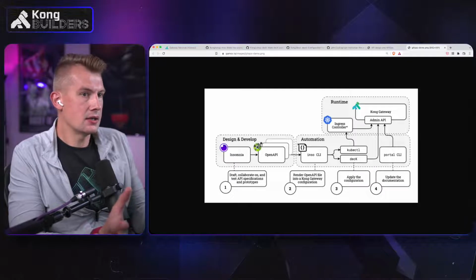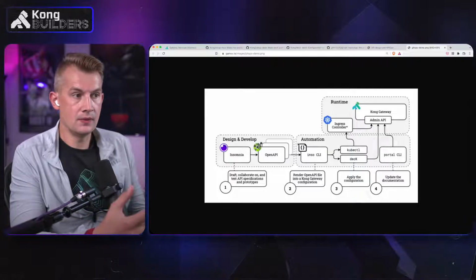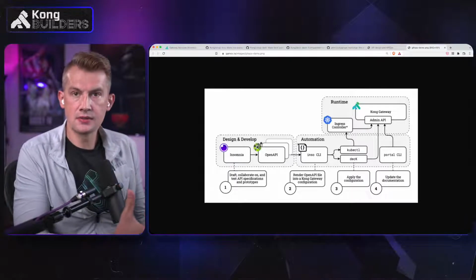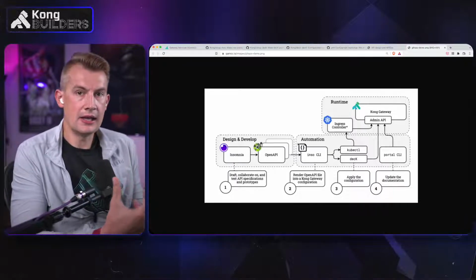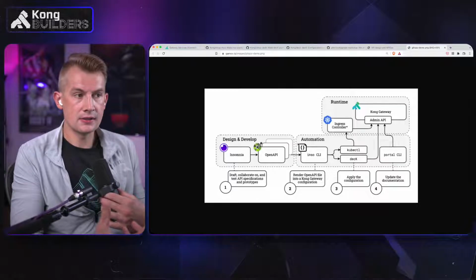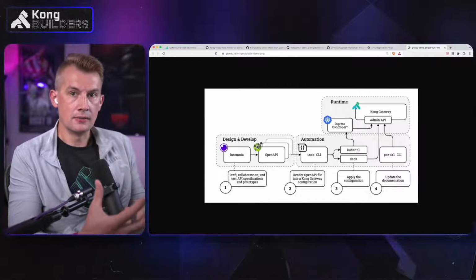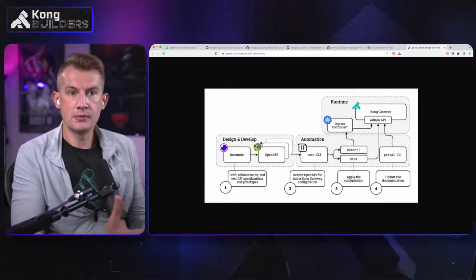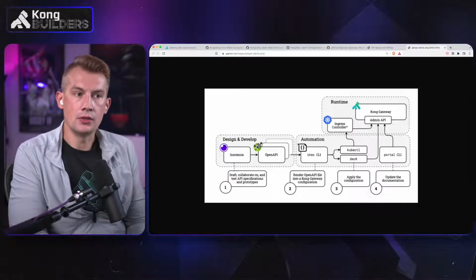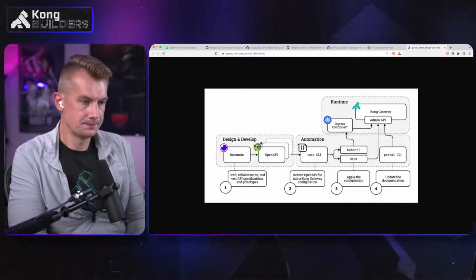This is kind of an ideal diagram, and it can be modified for your own needs. For example, some teams embrace an API-first approach, so they start by defining the spec and collaborating around it. After the spec is published, automation takes over and implements all the bits relevant to Kong through these configurations.